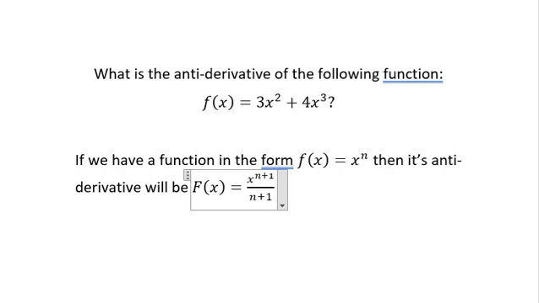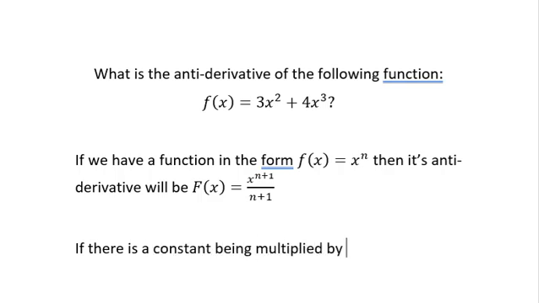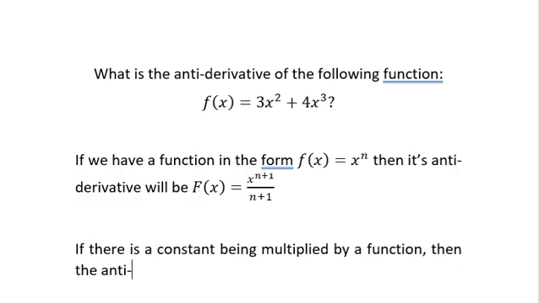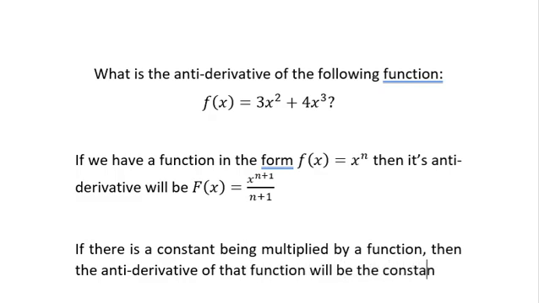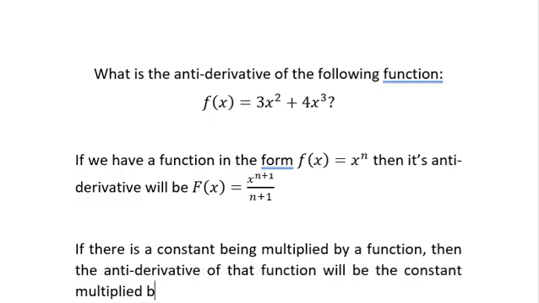And there is another rule that tells us that if there is a constant being multiplied by a function, then the antiderivative of that function will be the constant multiplied by the antiderivative of the second function.